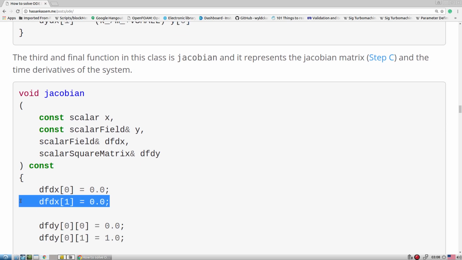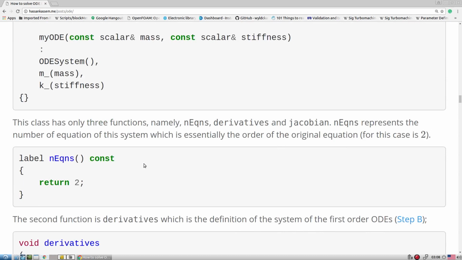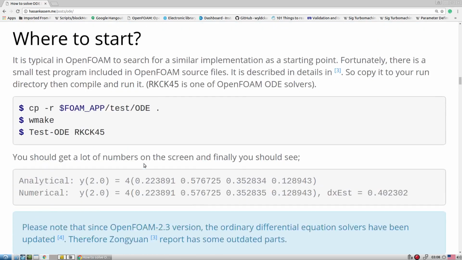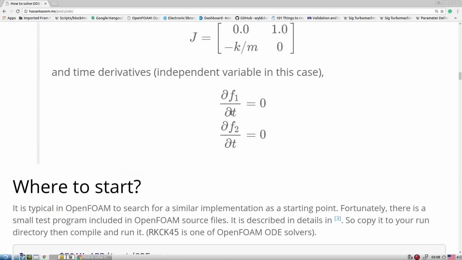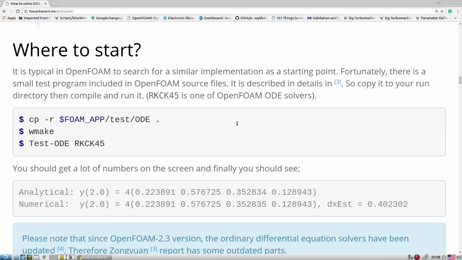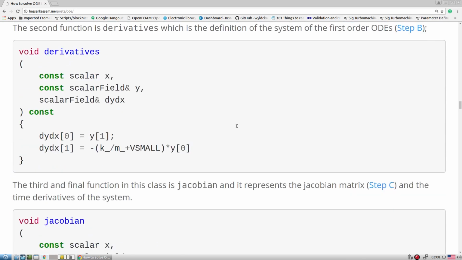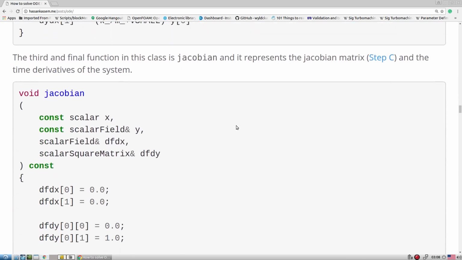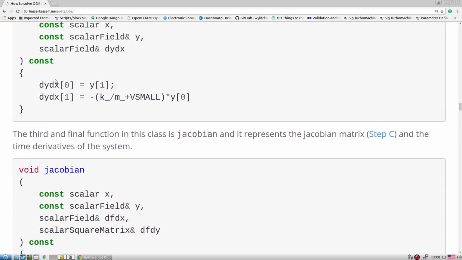This is your independent variable: del f1 by del t and del f2 by del t. Here I consider del t, in this case they consider dx as the independent variable.